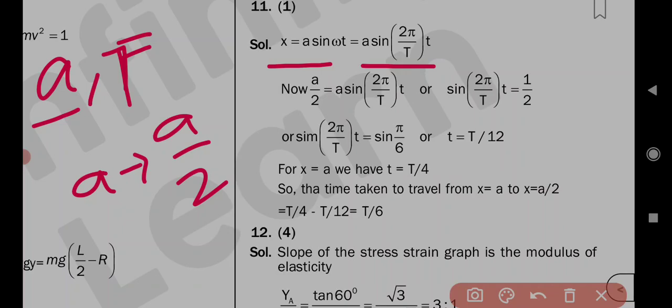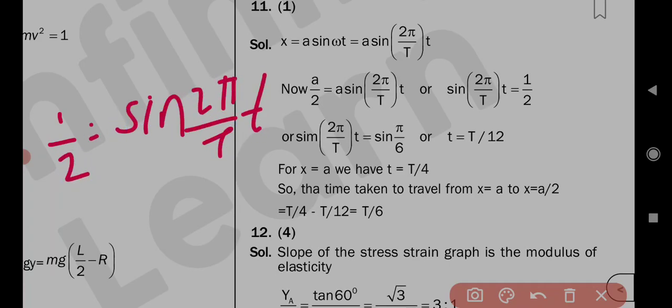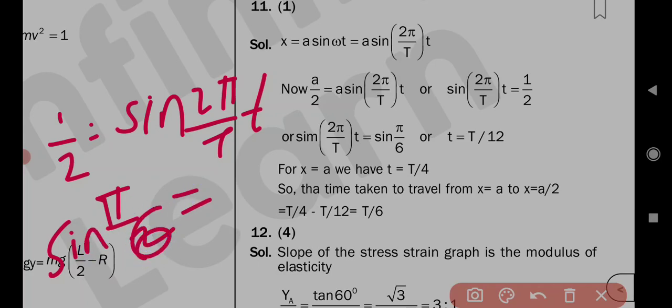Okay, so this is the general equation. x is equal to A sin omega t. Now A by 2 in the place of x, so A by 2 is A sin 2 pi by T into t. So this A cancels. Half is equal to sin 2 pi by T into t. When is sine half? It is sine 30 degrees, isn't it? So sine pi by 6, guys. Pi by 6 is 30 degrees.